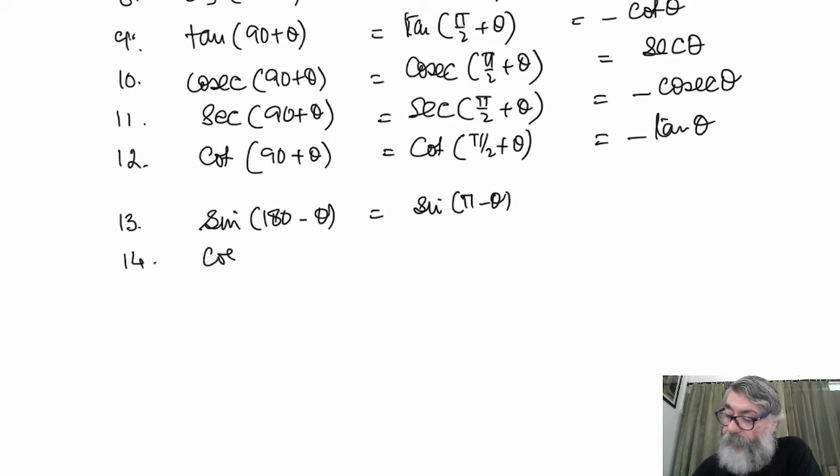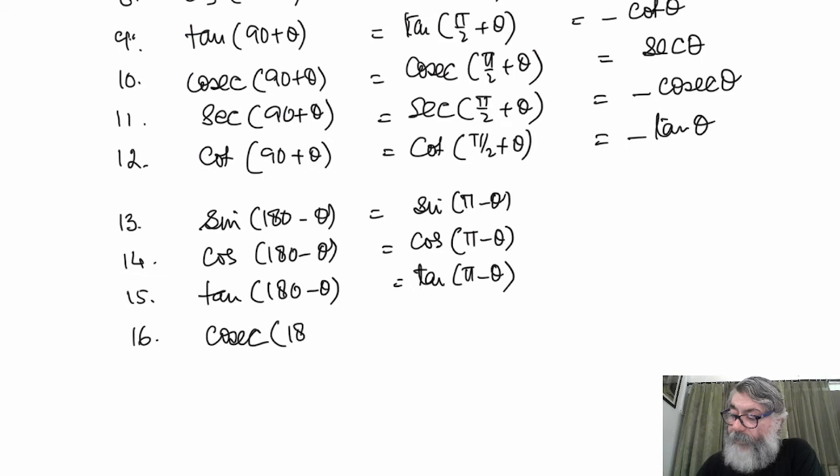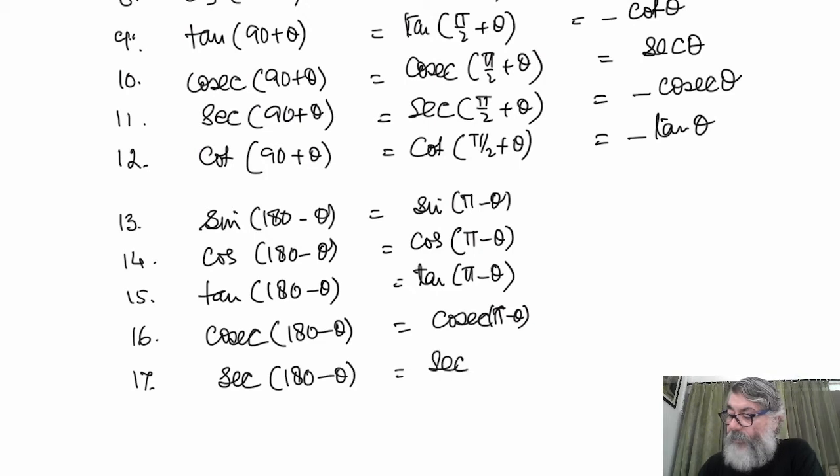14, cos 180 minus theta, cos pi minus theta, tan 180 minus theta, tan pi minus theta, cosec 180 minus theta, cosec pi minus theta, sec 180 minus theta, sec pi minus theta, and then cot.